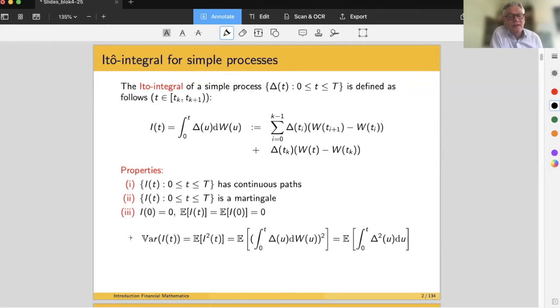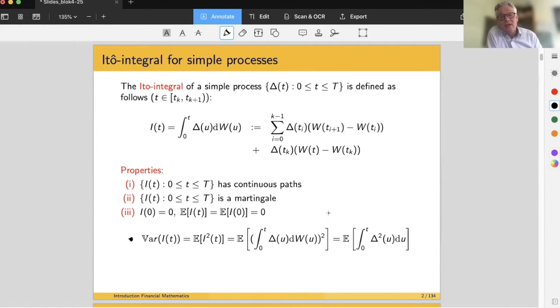And because of that, we also can say something about the variance of it. It is, in fact, the expected value of I squared. If we write that down, that is the expected value of this integral from 0 to t, Delta_u dW_u, squared.